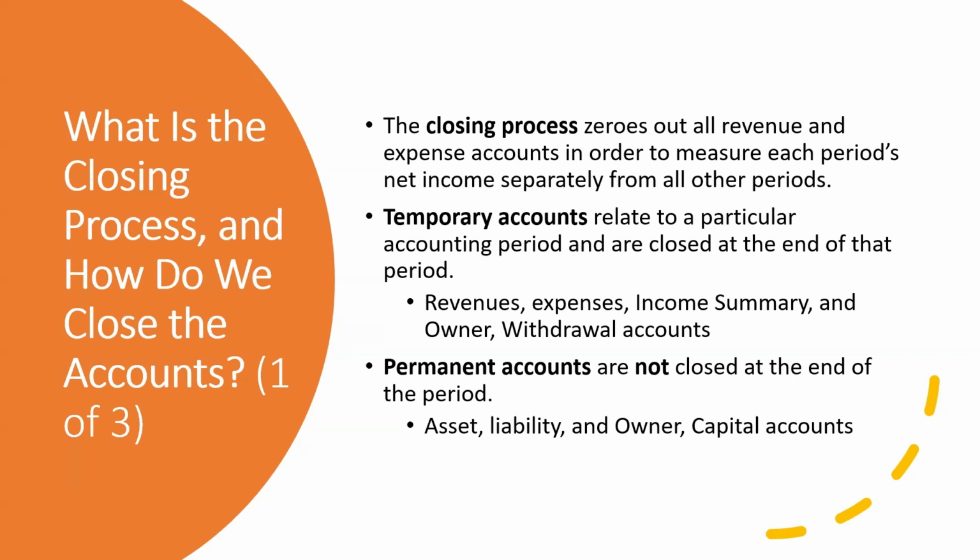Permanent accounts, such as asset, liability, and owner capital accounts, remain open beyond the periods, serving as a continual record of the company's financial position. So in other words, permanent accounts are not closed at the end of the period. And that includes your asset, liability, and owner capital accounts.